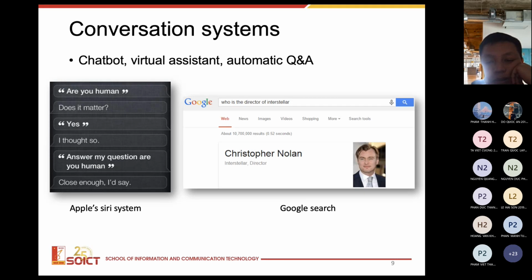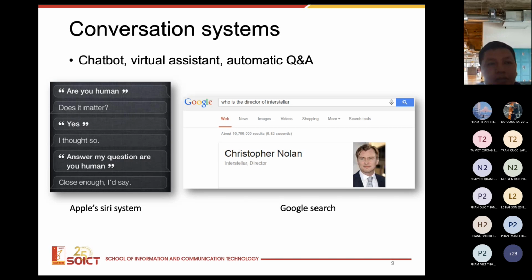And this is the example of NLP application in the Google search engine, right? You can actually search not by keyword. It's not a keyword search anymore, where the relevant document is returned to the user.